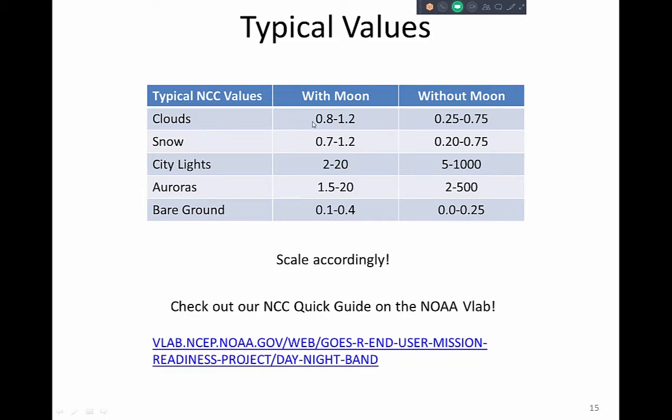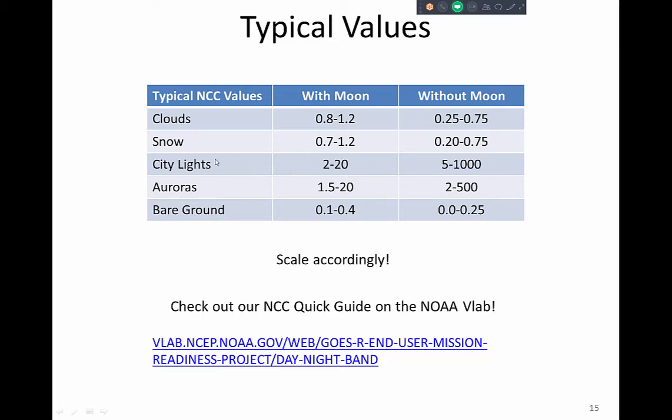But when the moon goes away, clouds and snow values actually decrease. And so clouds and snow will have values much closer to 0.5. But city lights and auroras, their values increase when you have no moonlight.